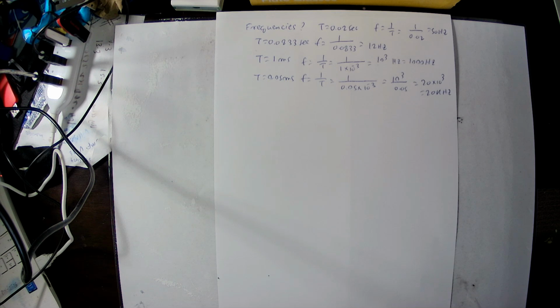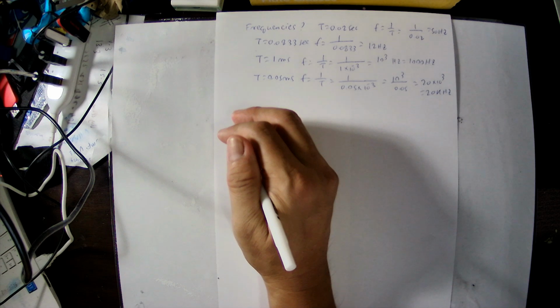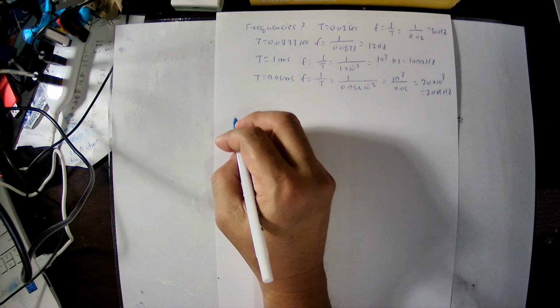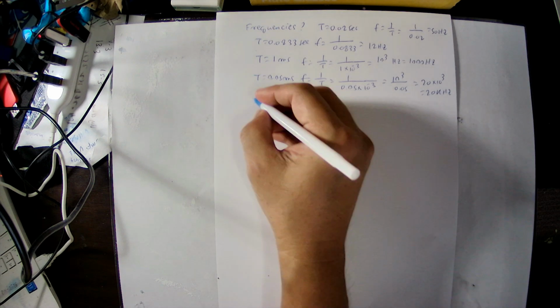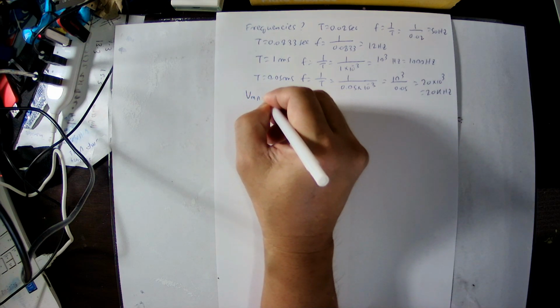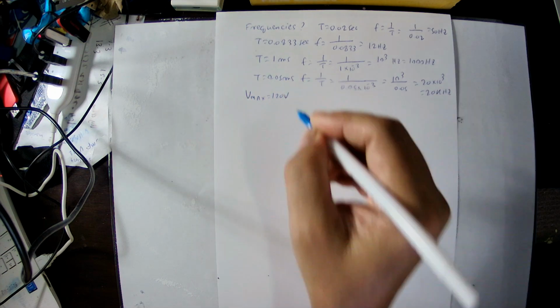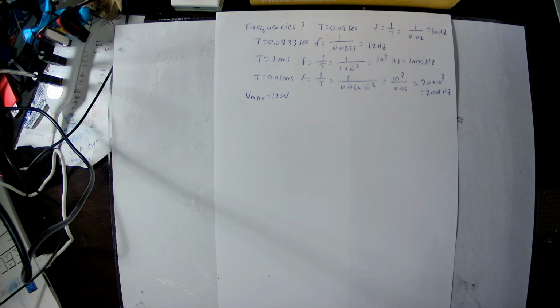Okay, now we get the maximum value. So V maximum is 120 volt. The maximum value is 120 volt, given. So we have to find out the waveform here.